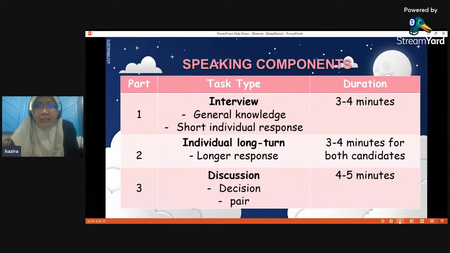Part 3 is allotted a total of 4 to 5 minutes, and it has two distinct phases. The first is the students' discussion, and a follow-up discussion later will be led by the interlocutor.